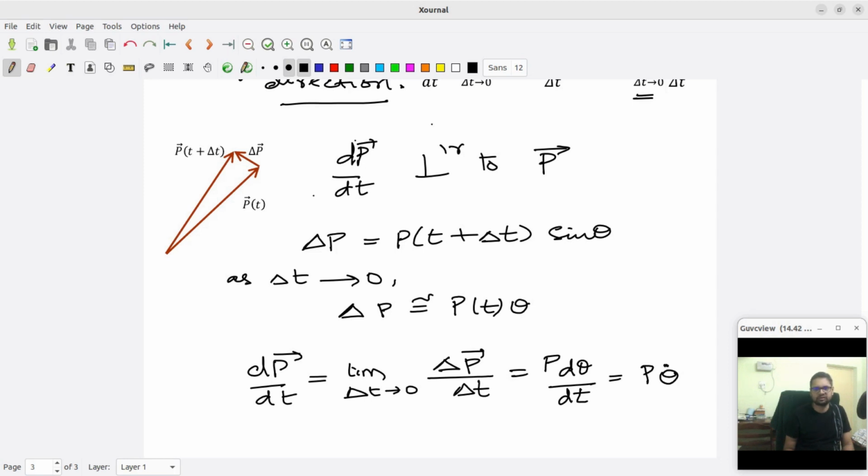This will be the magnitude of the vector dP by dt when there is only change in direction, and the direction will be perpendicular to P.